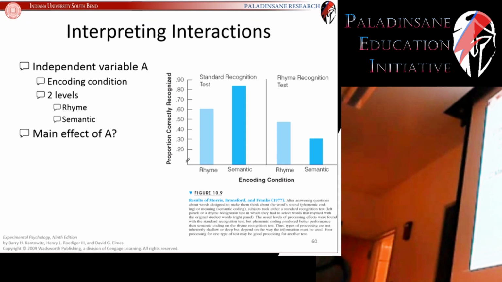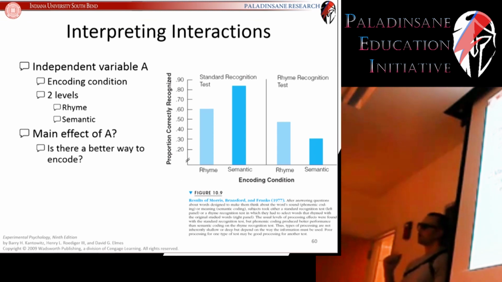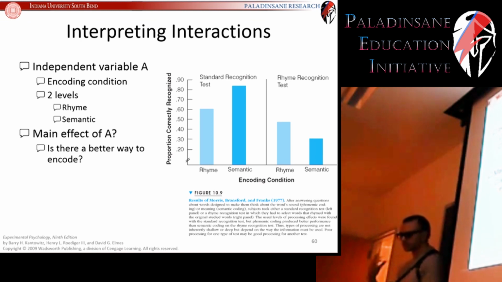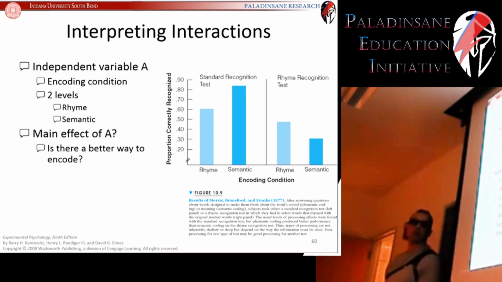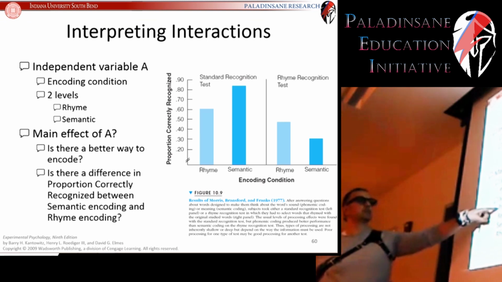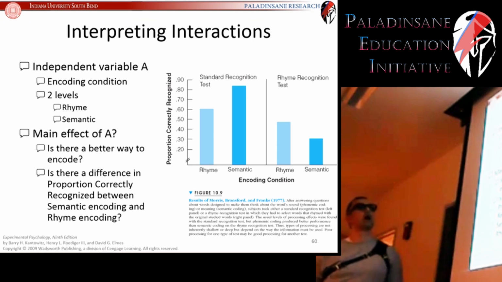All right, so first off, the main effect of A. Is there a better way to encode? Is one way of encoding superior to the other way of encoding? Is there a difference in proportion correct between semantic encoding and rhyme encoding?